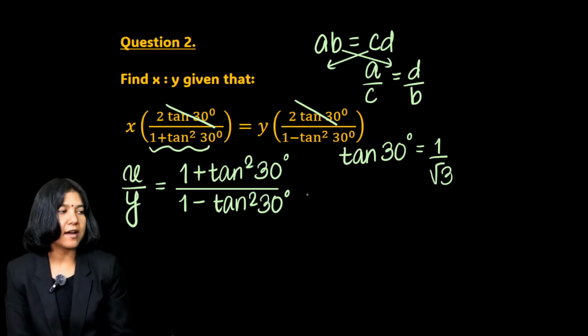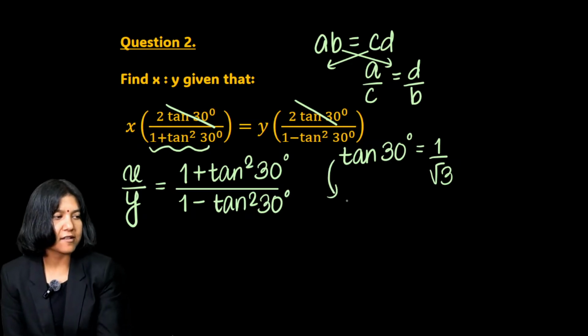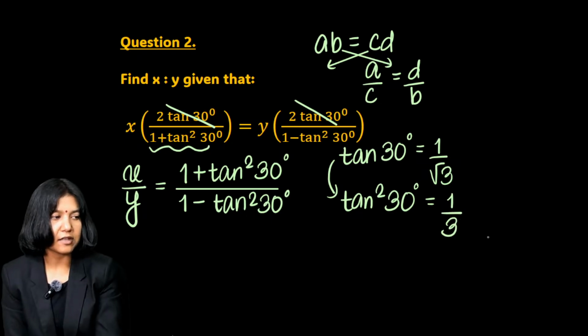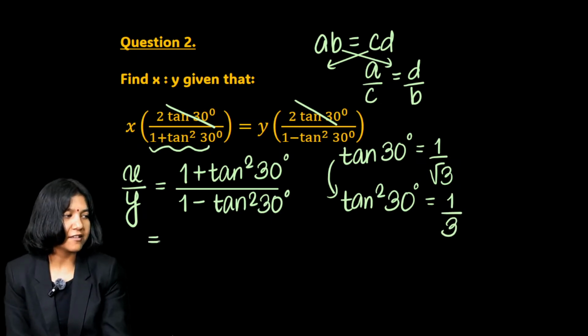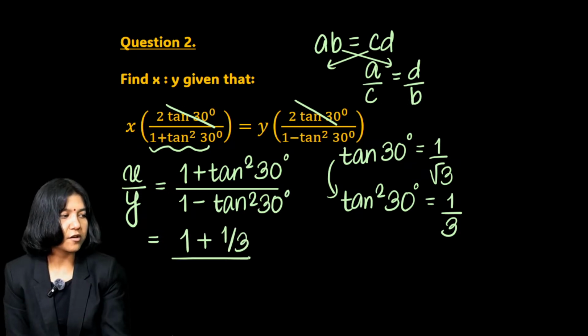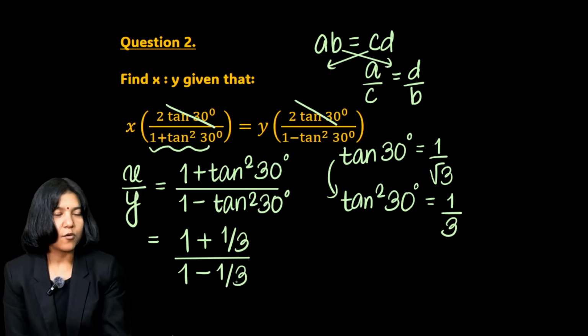So upon squaring this, I simply get that tan squared 30 is the square of 1, which is 1, over the square of root 3, which is 3. So I'll just plug in that value: 1 plus 1/3 upon 1 minus 1/3. What is 1 plus 1/3?